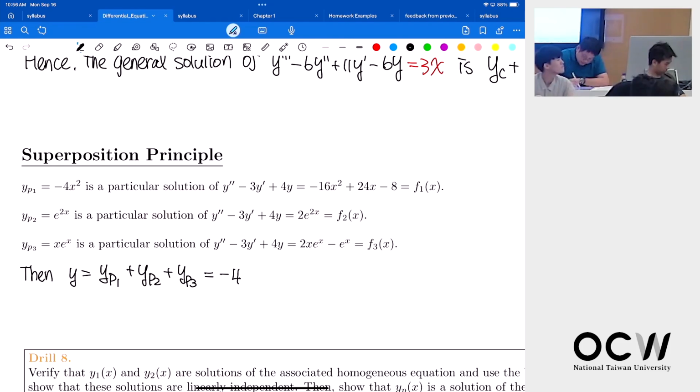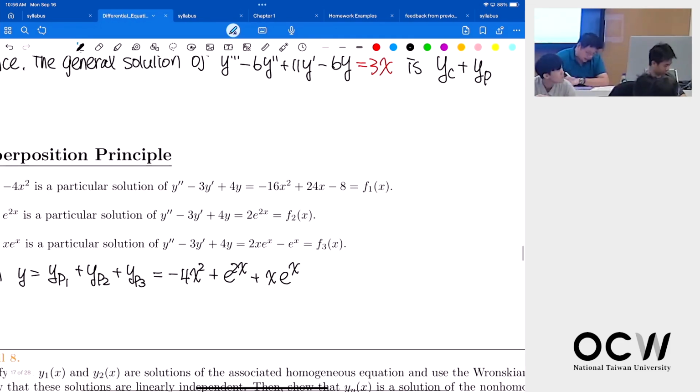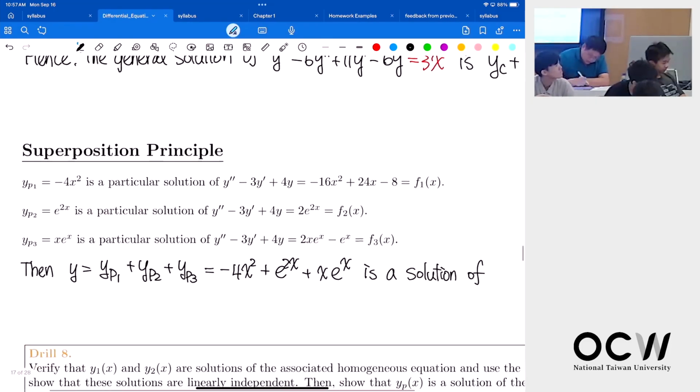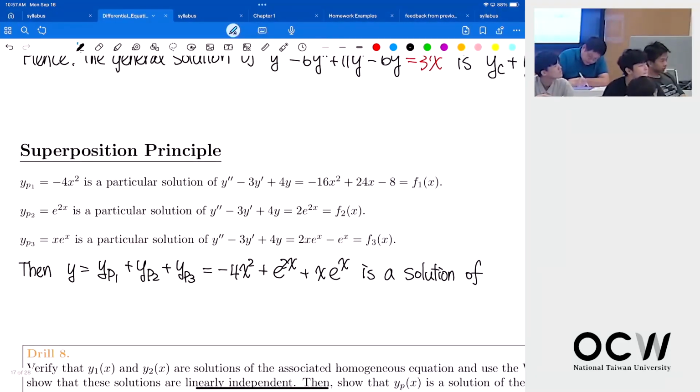Minus 4x squared plus e to the 2x plus x e to the x. This is also a solution. A solution of what? A solution of your homogeneous equation, and the forcing function will combine that.